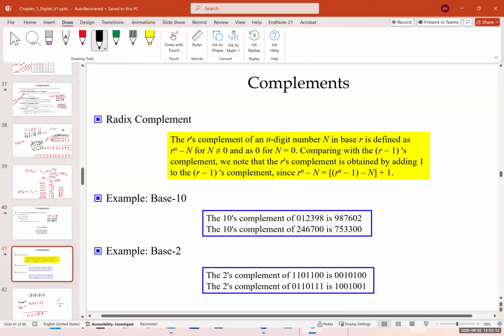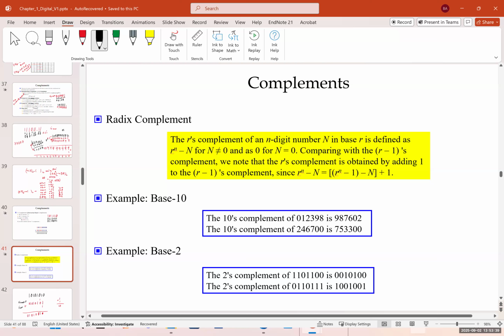Compared with the (r minus 1)'s complement, or diminished radix complement, for example the 1's complement in binary, we note that the r's complement is obtained by adding 1 to the (r minus 1)'s complement, since r^n minus N is equal to (r^n minus 1 minus N) plus 1.